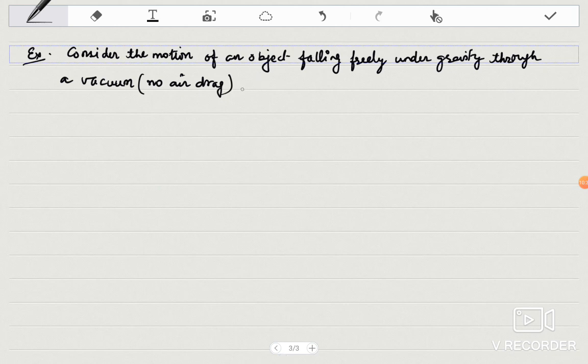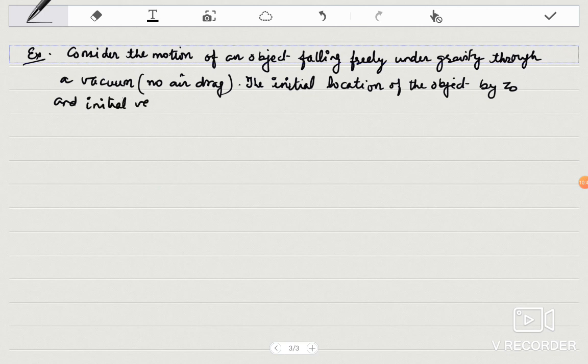The initial location of the object is z0 and the initial velocity is w0 in the z direction. Now find the elevation z.